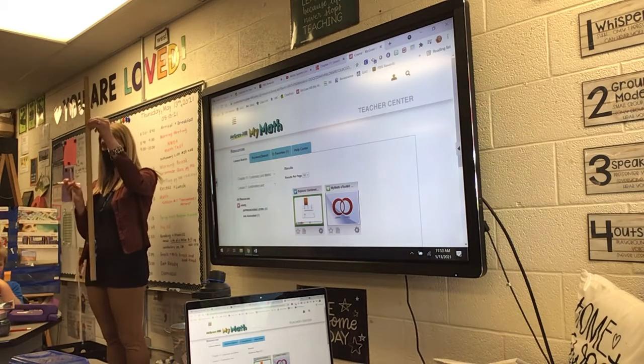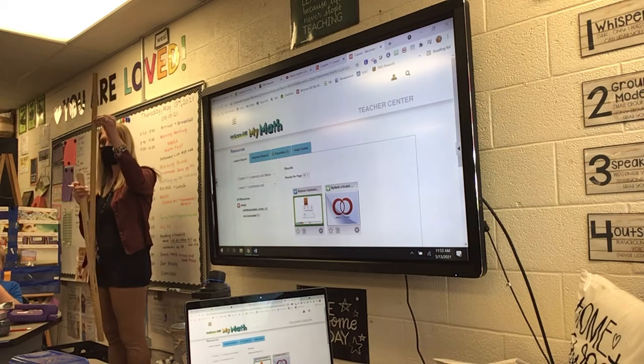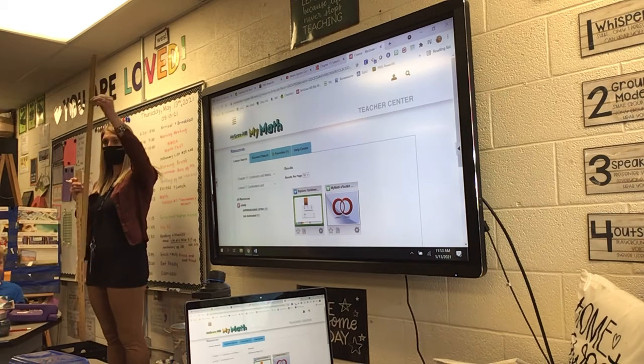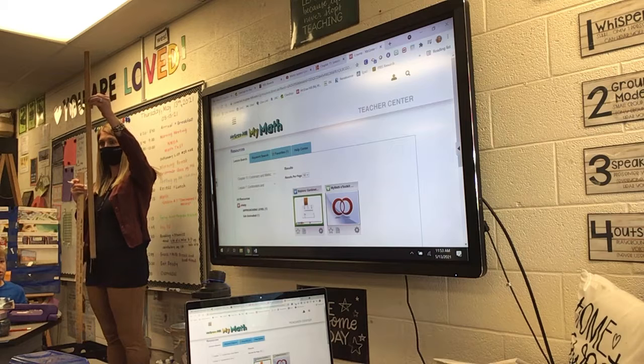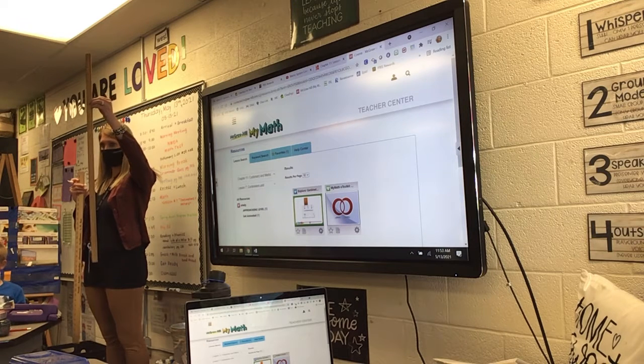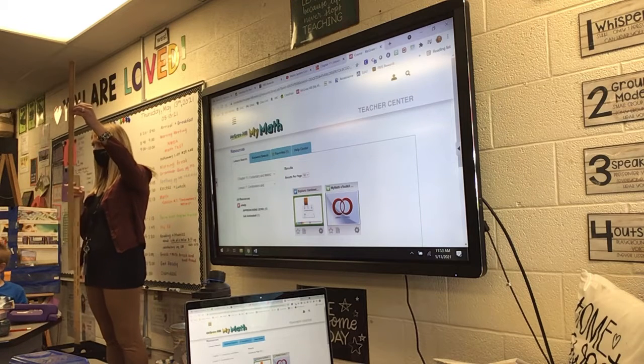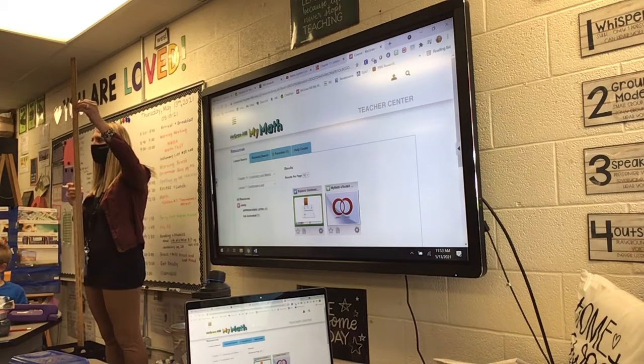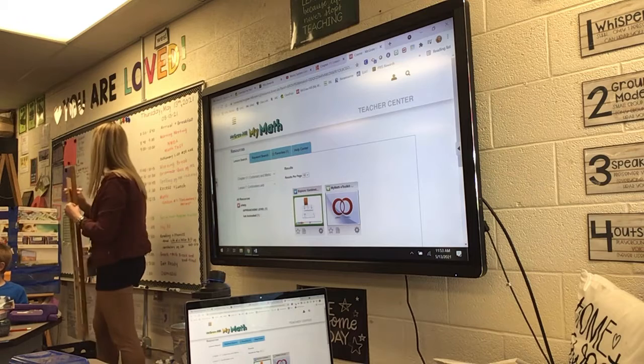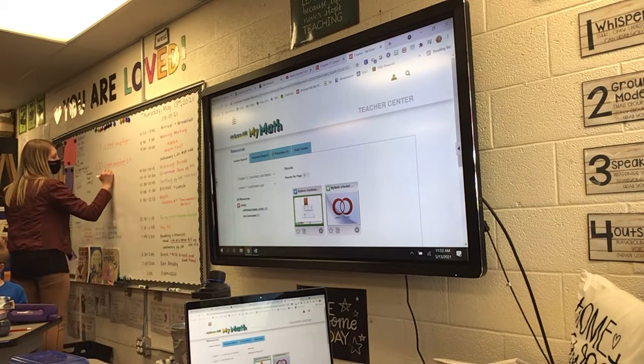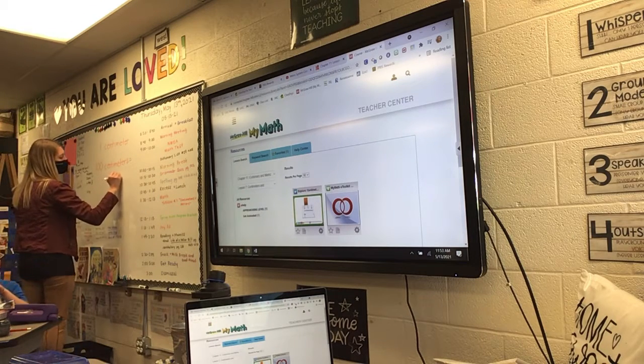If I have 100 centimeters, what do I have? What is this thing called? Can you guys help them out? What is this? A meter stick. Yep, a meter stick, or we just call it a meter. So it's equal to 1 meter. Okay?